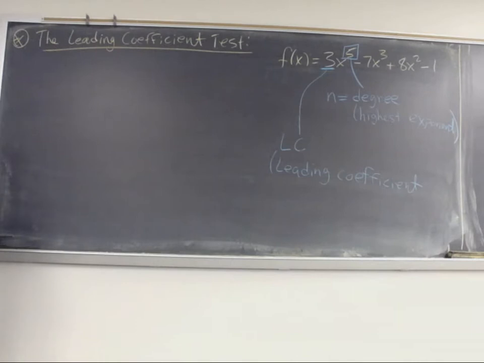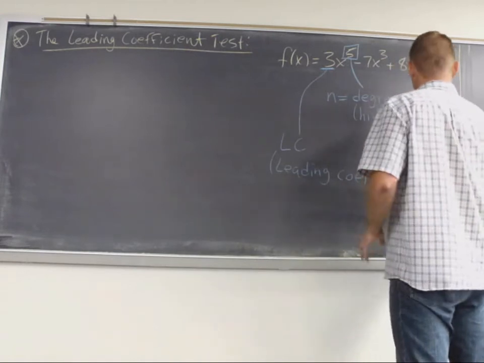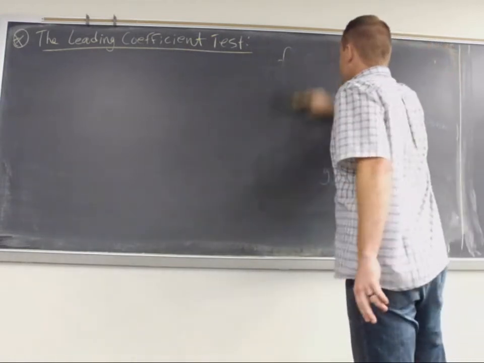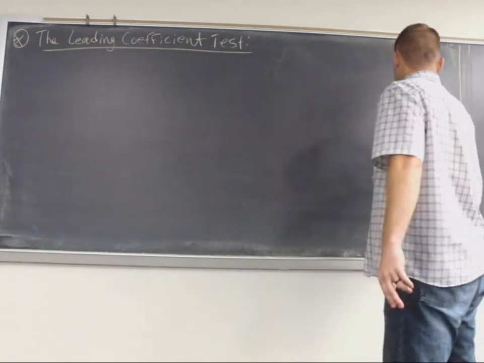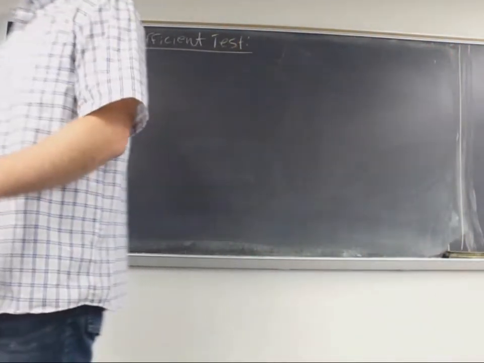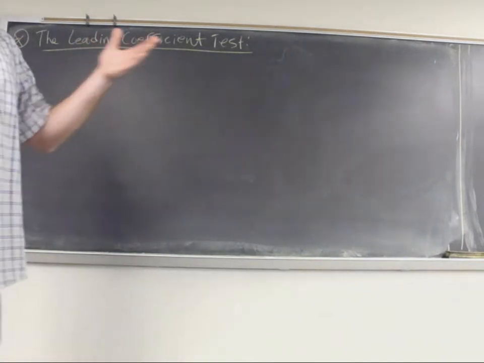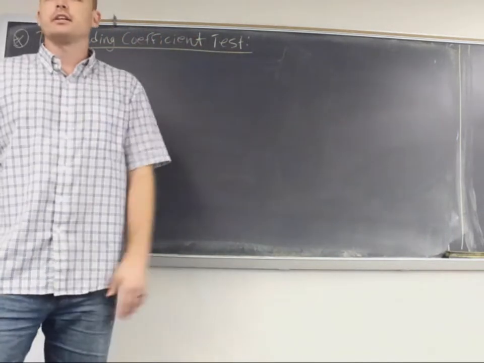And the reason we need to learn the leading coefficient test is our end goal is to be able to graph any polynomial function that I give you. So the one I just erased off the board, eventually we're going to be able to get to the point where we can graph that without just plugging in our calculator.